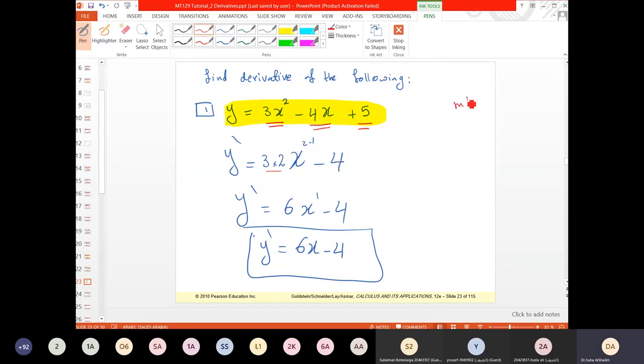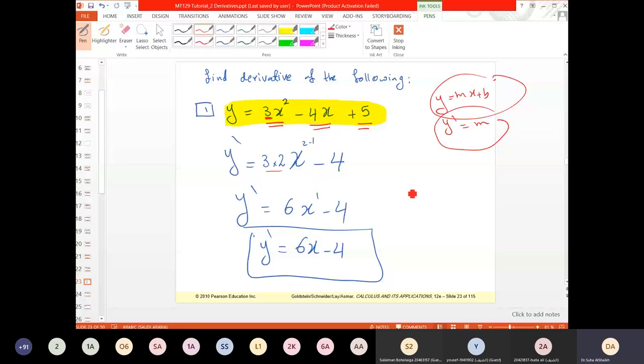We said the derivative of mx plus b, if this is my function, then y dash is equal to m. We multiplied by 3 because there is a 3 outside. It has to stay. The 2 came down from the derivative, but there is a 3, so I have to multiply it. So the derivative of minus 4x is minus 4.